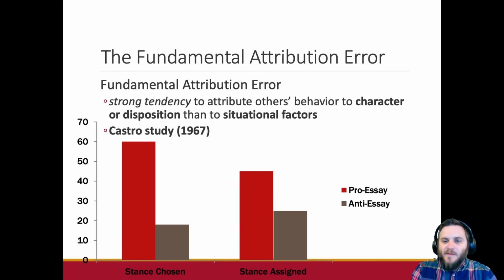They were told this essay was written in response to the instructions, quote, write a short, cogent, connected essay either defending or criticizing Castro's Cuba as if you were giving the opening statement in a debate. Half read a pro argument and half read a con argument. Then they were asked to rate the essayist's, the person who wrote the essay, attitude toward Castro's Cuba.